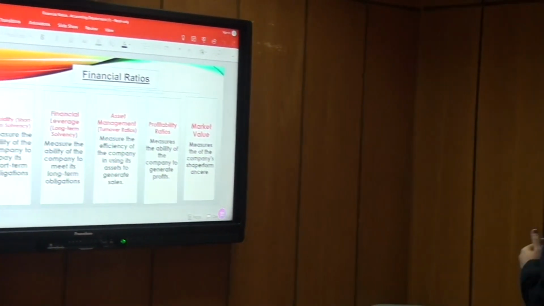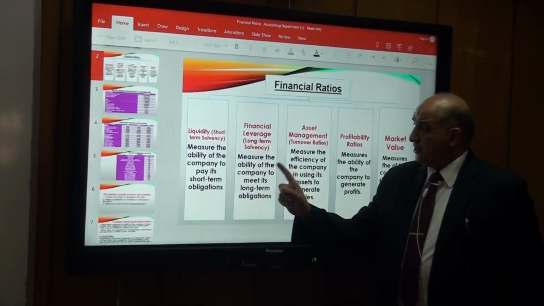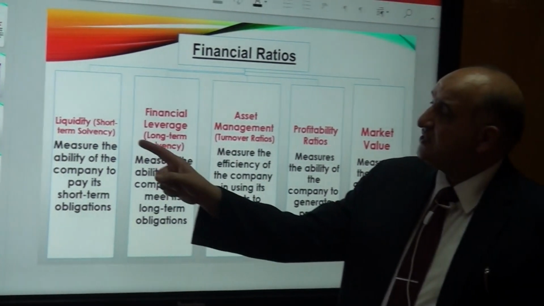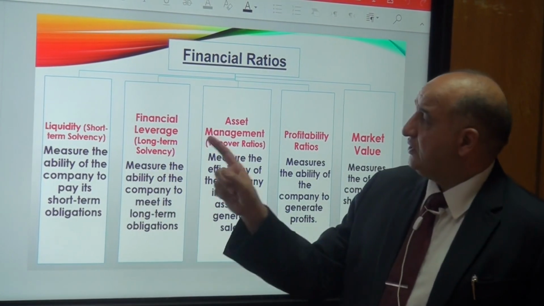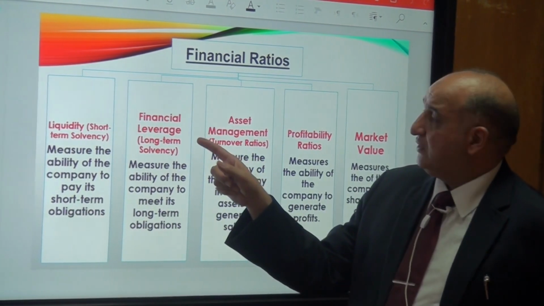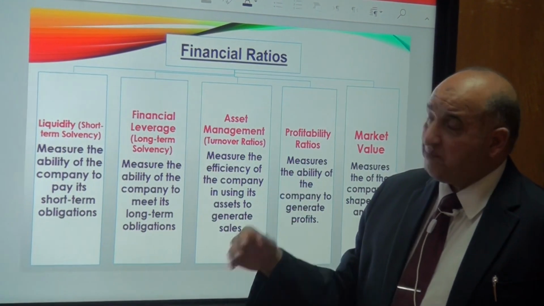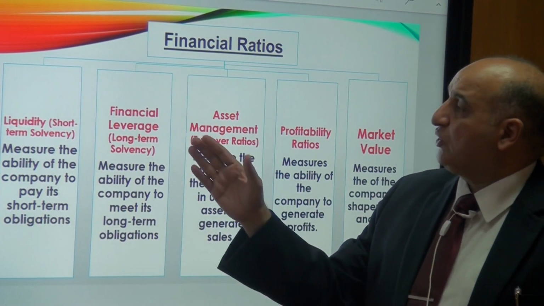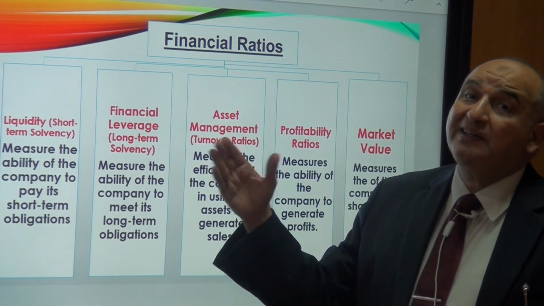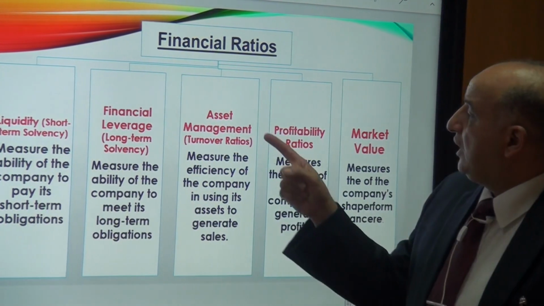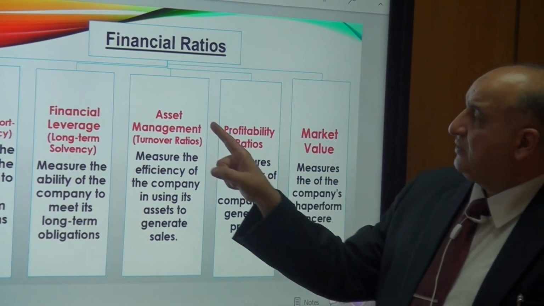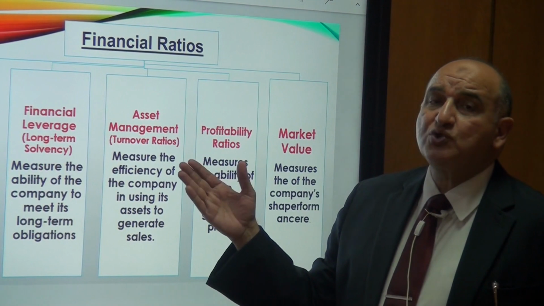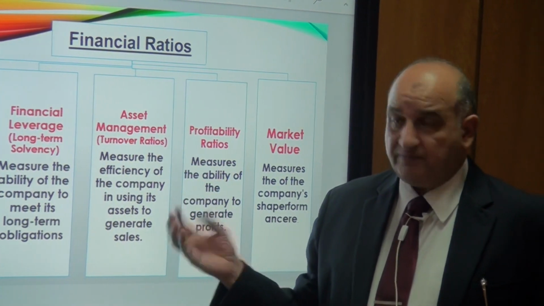As you may remember, we finished together how we can calculate and evaluate the liquidity ratios, and how we can evaluate the performance of the company related to financial leverage, which we can call long-term solvency, or debt ratio. And also, we evaluate the asset management turnover ratio, or sometimes we call it efficiency ratios.